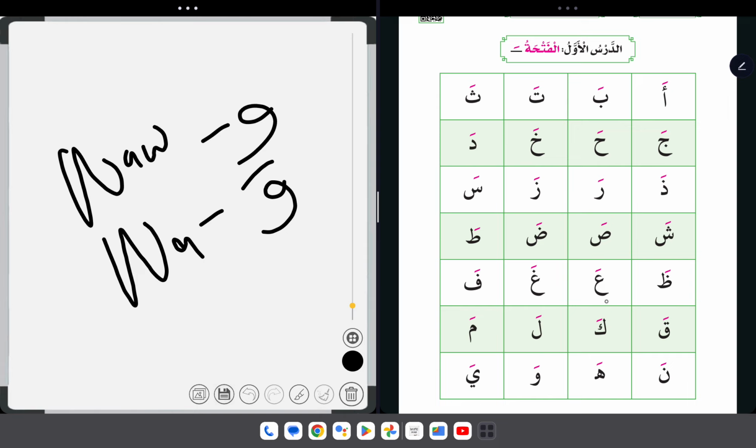The letter ain, when it has fatha, becomes a. And the letter ghain, when it has fatha, becomes gha.